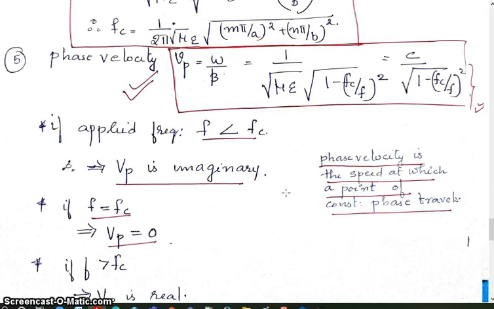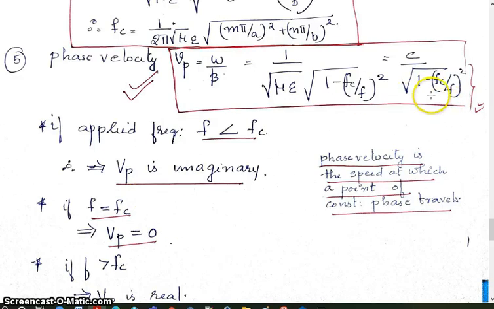You can define phase velocity as the speed at which a point of constant phase travels. A wave is a continuous signal, so if you take different points in that continuous signal, some points will be in phase, and the speed at which those points travel is known as phase velocity. Now here we are seeing three different conditions.